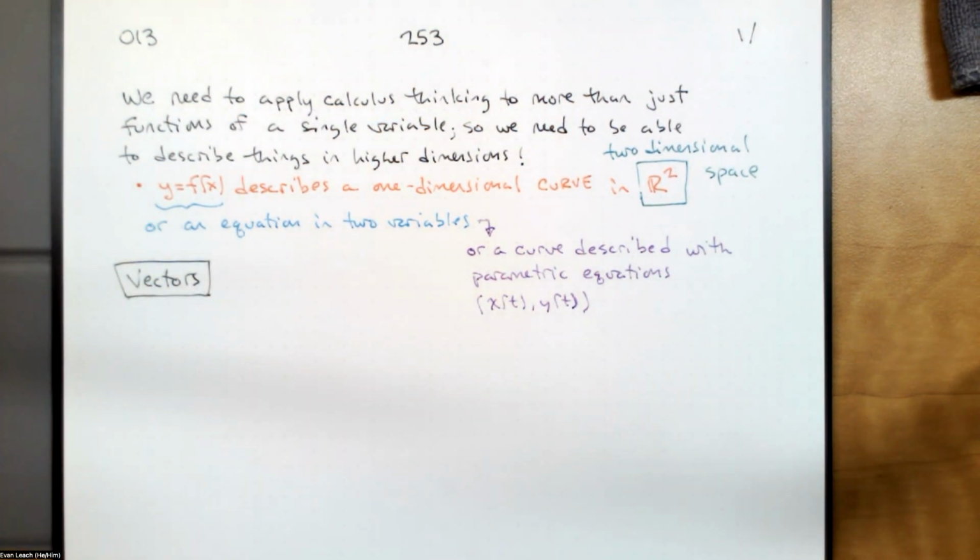So vectors are going to be a useful tool in describing things in higher dimensions. We're going to start with vectors in R2, and then we're going to expand that to R3.